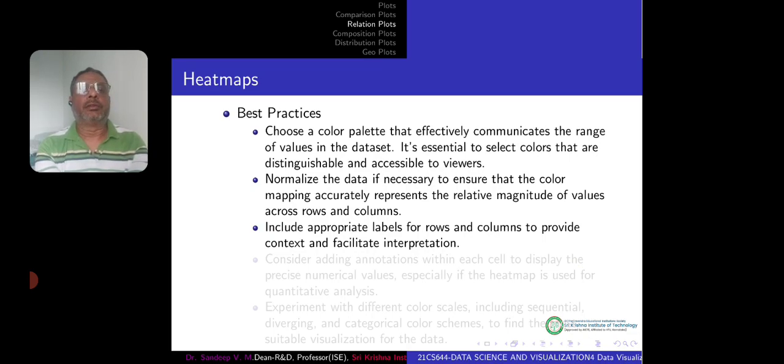We must always include appropriate labels for rows and columns to provide context. In the last session we could talk about what features they are trying to connect, because the labels were given properly. The same label was used for row and column, because they were trying to correlate the same data, the same features.